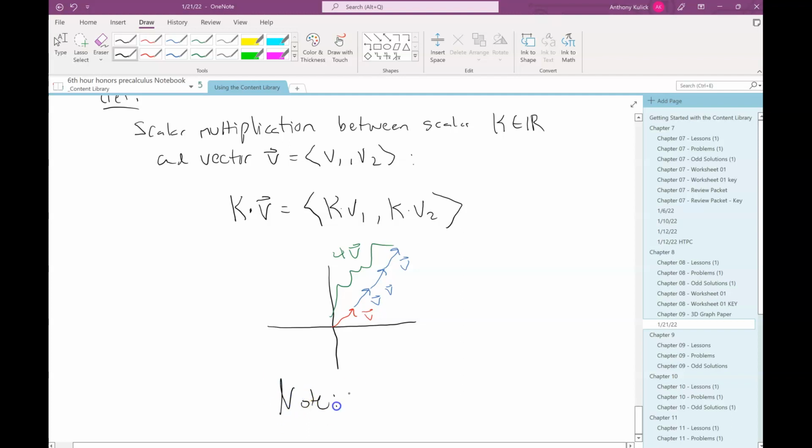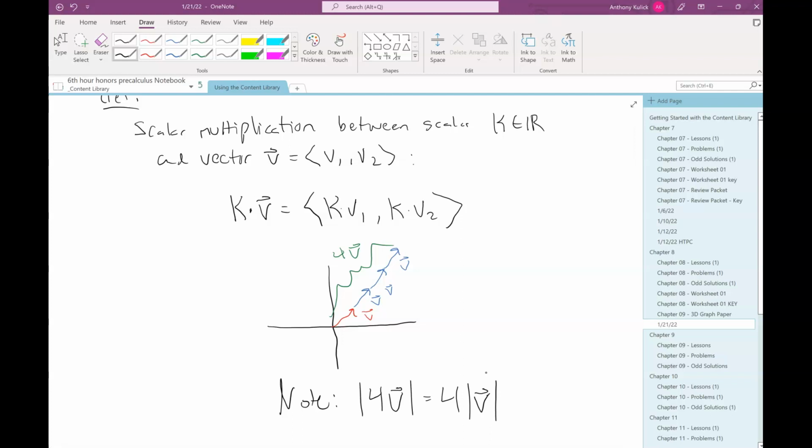So one thing we can note right away from the picture, the magnitude of 4v should definitely just be 4 times the magnitude of v, right? So you can pull those scalars out of magnitudes if you like. You don't have to, you could leave it in there, but that's certainly something that's true. I guess we could say that generally, right?